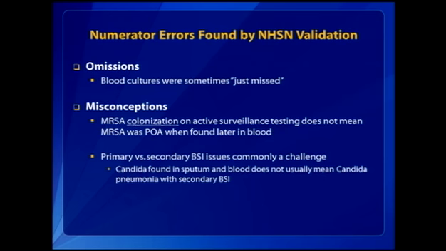Some of the other problems with numerators may be difficult to figure out with internal validation, but they can be identified with external validation. And these may be things like misconceptions.